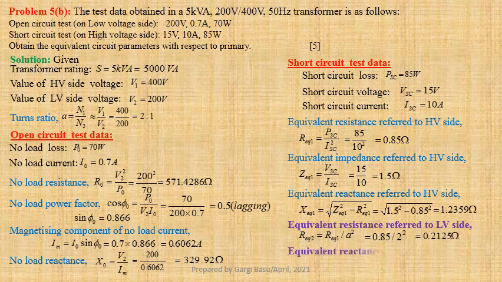Equivalent reactance referred to low voltage side, Xeq2 equals Xeq1 divided by A square. Using values we get 1.2359 divided by 2 square, that is equal to 0.309 ohm. Here Req2, Xeq2, R0 and X0 are equivalent circuit parameters with respect to primary side.